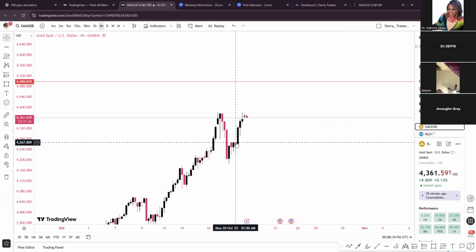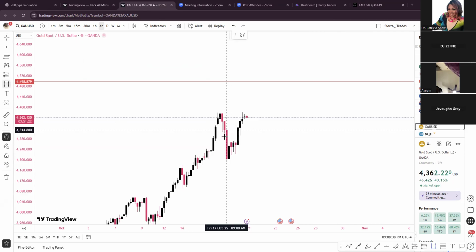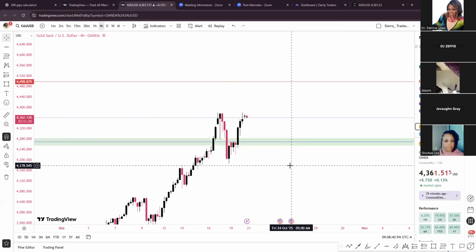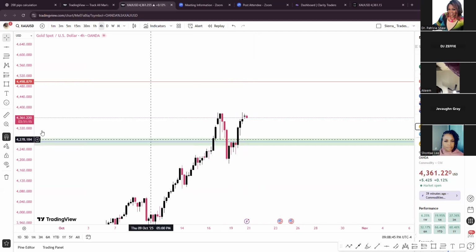All right, and then we have our fair value gap here and a balanced price range here. So it definitely looks like more than likely we can get our pullback to here.